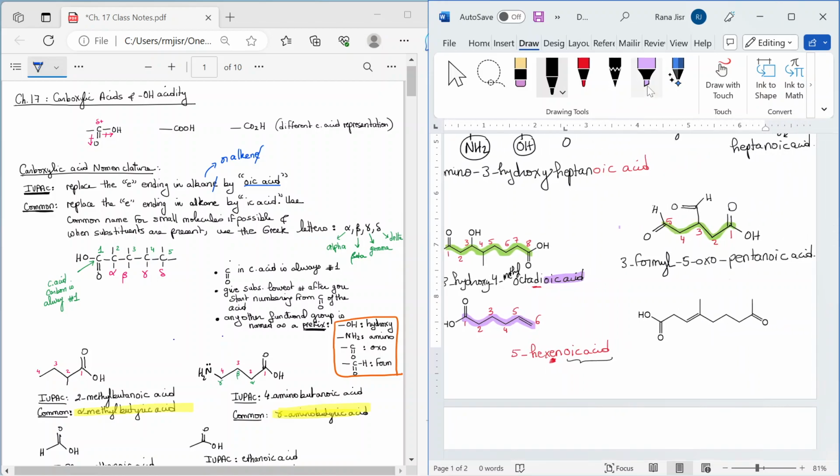Same thing over here. Choose your longest carbon chain that includes as many functional groups as you can. So here you go. I have a ketone in this case. So I would need to include all of these carbons in there. Start numbering from the carboxylic acid. Give it the lowest number. This is 4, 5, 6, 7, 8, and 9.